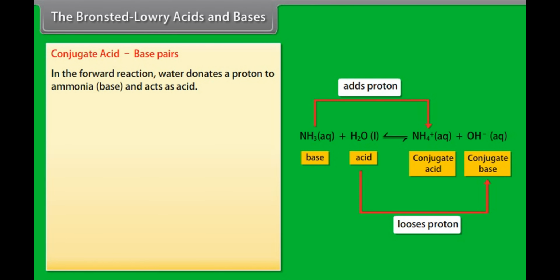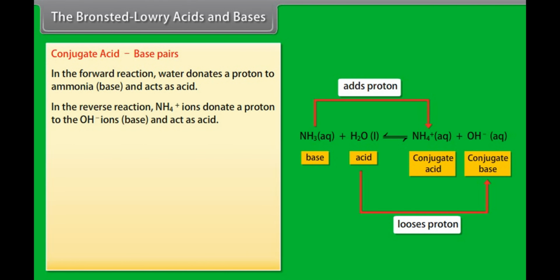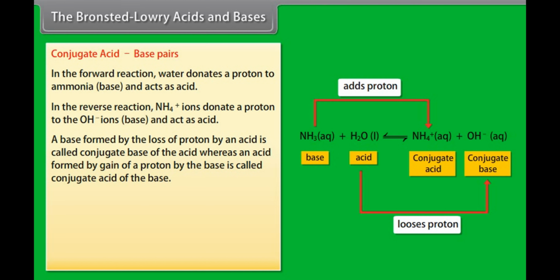In the forward reaction, water donates a proton to ammonia, base, and acts as acid. In the reverse reaction, NH4+ ions donate a proton to the OH- ions, base, and act as acid. A base formed by the loss of a proton by an acid is called the conjugate base of the acid, whereas an acid formed by gain of a proton by the base is called the conjugate acid of the base.